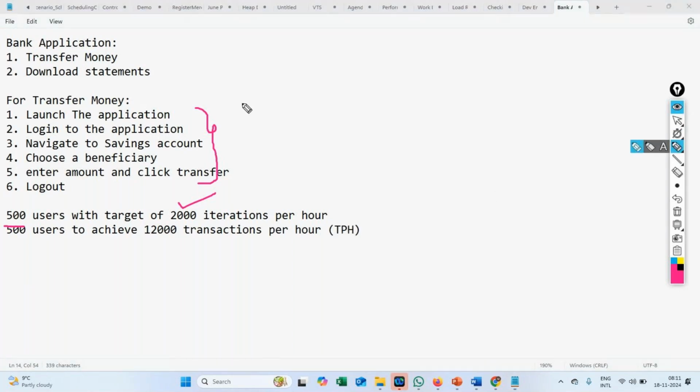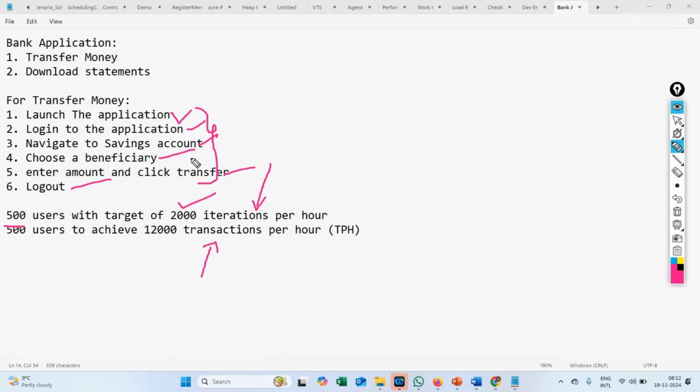So what do you mean by this? This is one transaction, two, three, four, five, six transactions. So the client is not giving input in terms of iterations, rather the client is giving input in terms of transactions per hour. This is also possible.